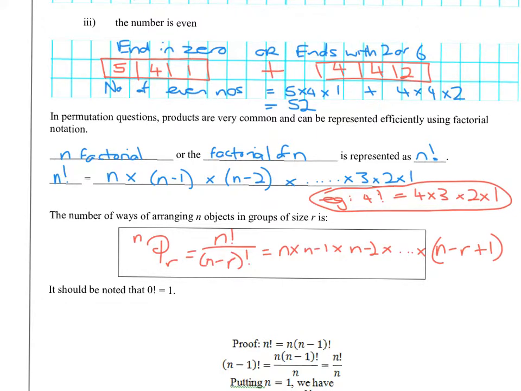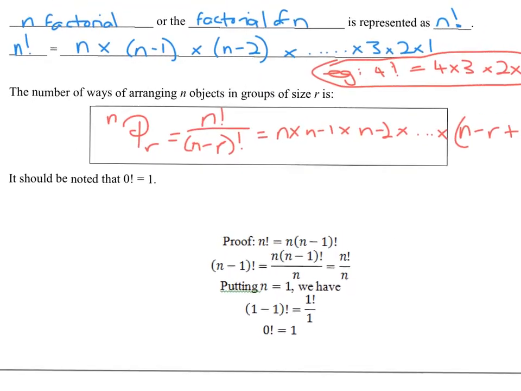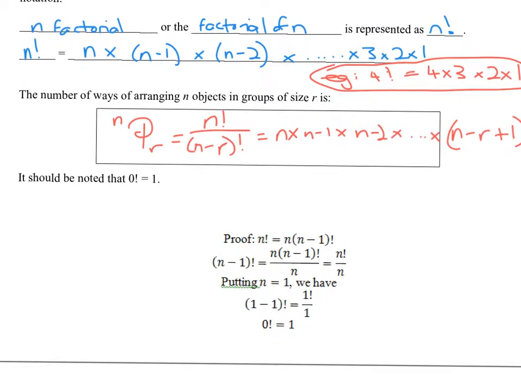Before we go and do some examples, just know that 0 primed is actually equal to 1. And again, you wouldn't ever have to write this out, but it's worth noting why that is. If you look down here, n primed is actually equal to n times n take 1 primed.